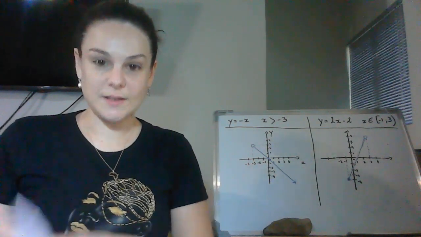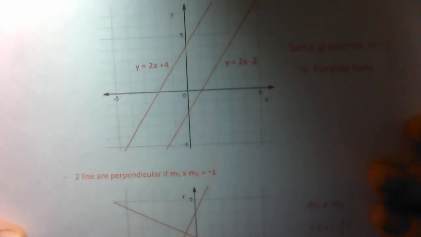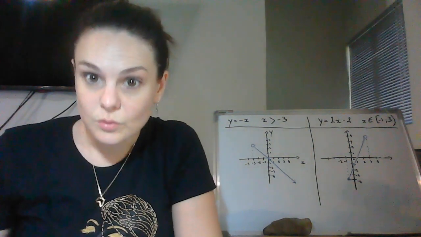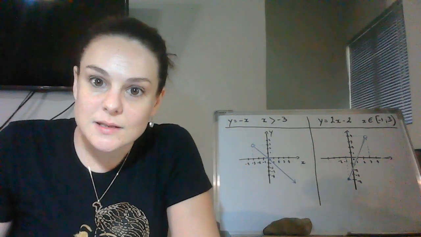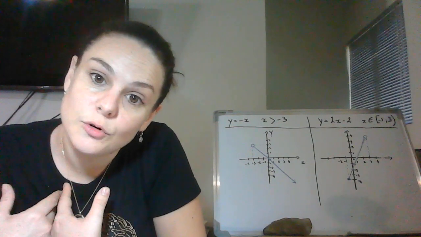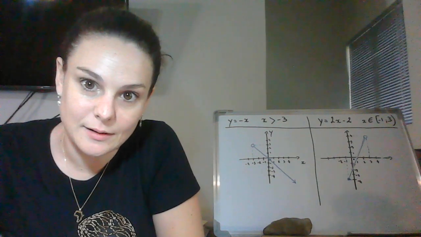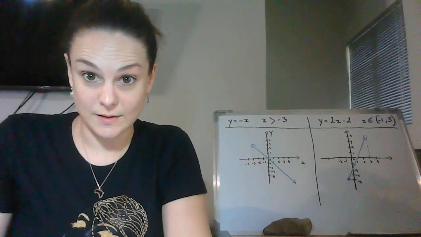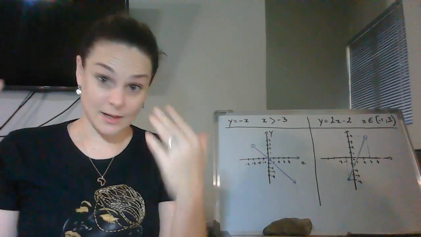For instance here, the two lines y equals 2x plus 4 and y equals 2x minus 2 both have a gradient of 2. So if the two gradients are equal to 2, they are equal. Therefore the two lines are parallel. It doesn't matter what number the gradient is, if it's the same one, they are parallel.